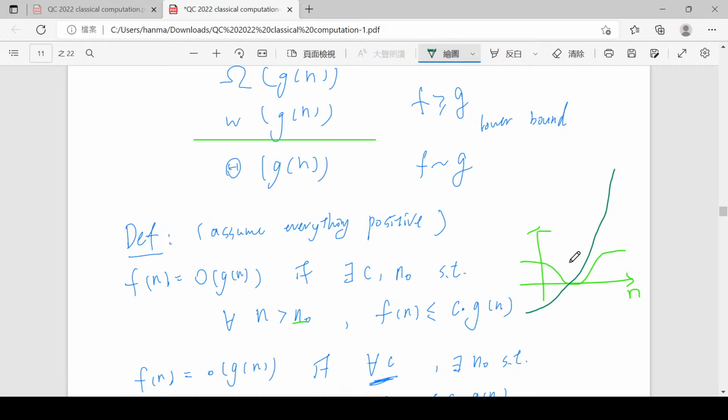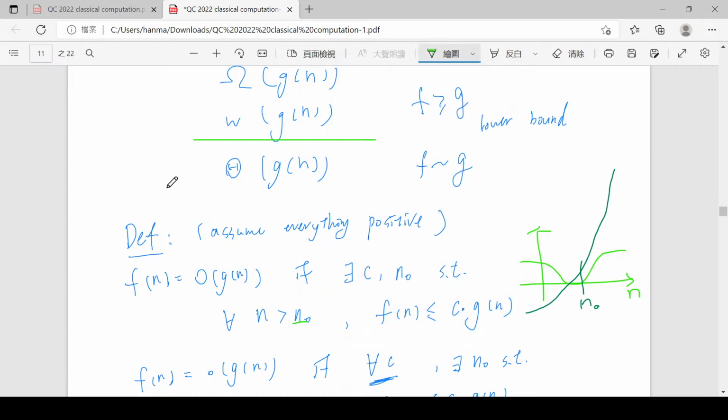Then you see that f is bigger than g on some low part, but for some n naught here, once your n goes through some threshold, your g is always bigger than f with some constant multiplier. Okay. So that's kind of the mental picture. When your n is bigger than something, then your g is always bigger than f. Okay. Question?